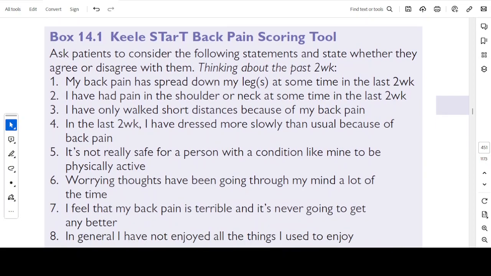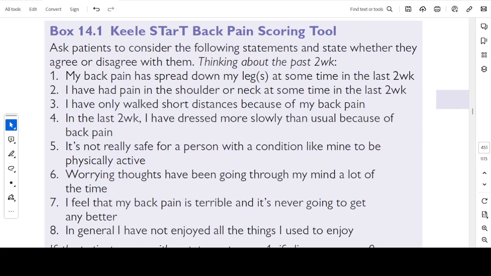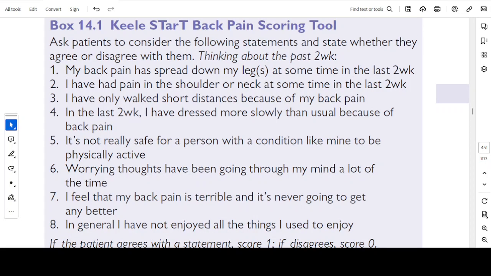Box number 14.1, this is the STarT Back pain scoring tool. Ask the patient to consider the following statements and state whether they agree or disagree with them. Thinking about the past 2 weeks: my back pain has spread down my legs at some time in the last 2 weeks. I've had pain in the shoulder or neck at some time in the last 2 weeks.